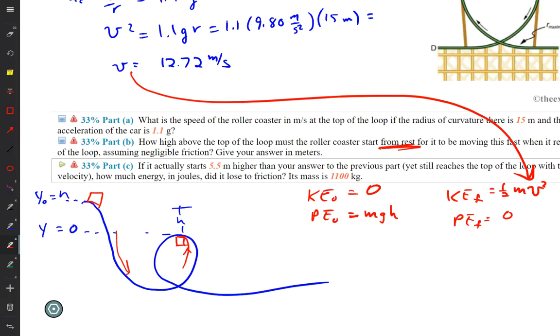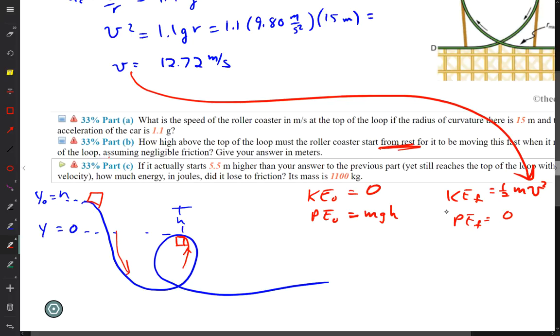Now the next step, so that was step 2 there. Step 3 is, do I have any non-conservative forces? In this case, I'm assuming negligible friction and air resistance. So my work non-conservative is 0, and that's change in kinetic energy plus change in potential energy.